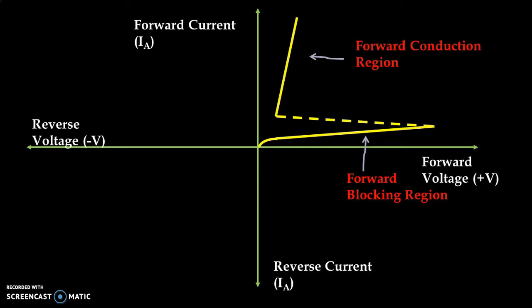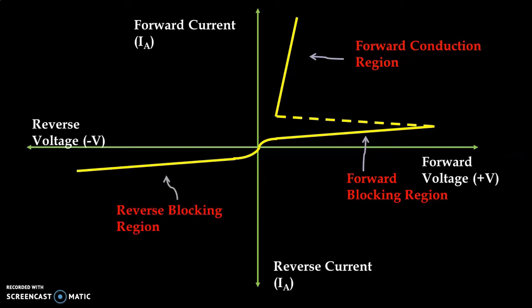When we apply voltage in reverse biased mode between anode and cathode, that is, anode is negative and cathode is positive, in this condition junction J1 and junction J3 are both reverse biased. The gate is at 0 voltage or not applied at all, and only a leakage current flows, and this mode is known as the reverse blocking mode.